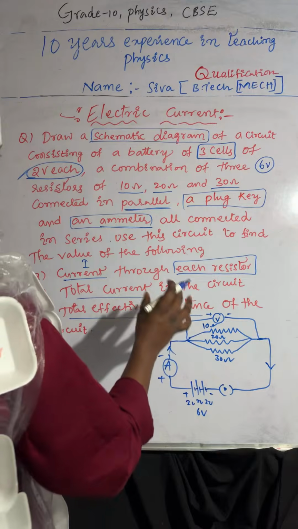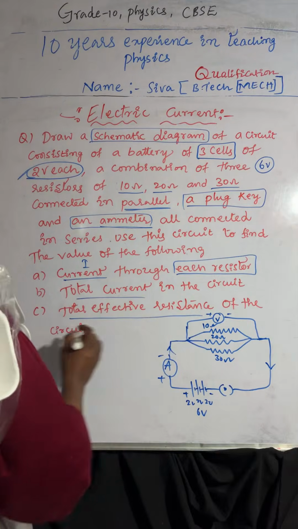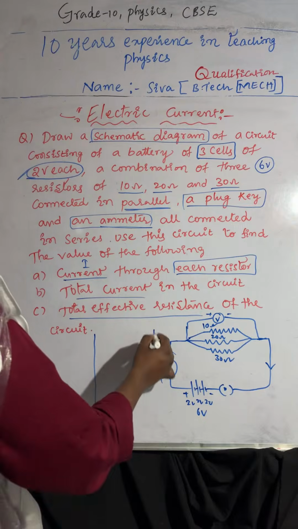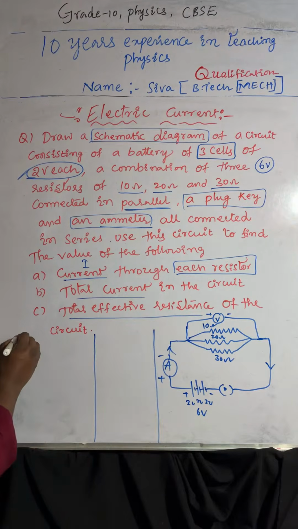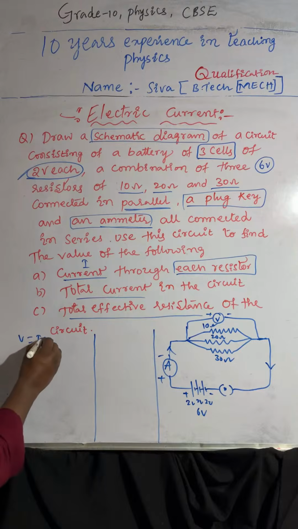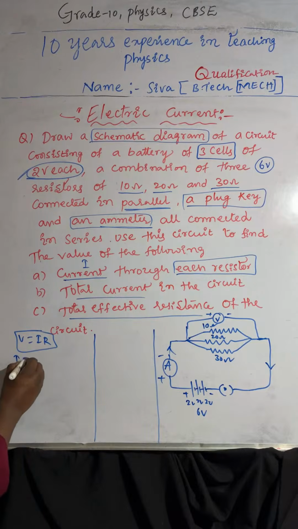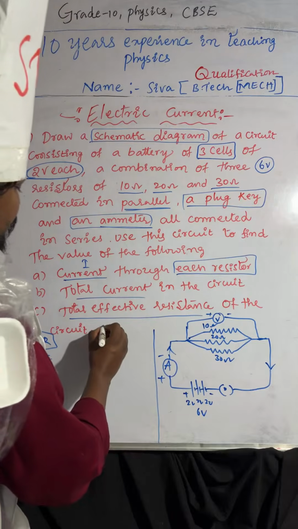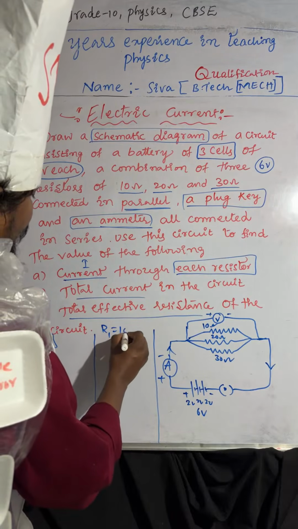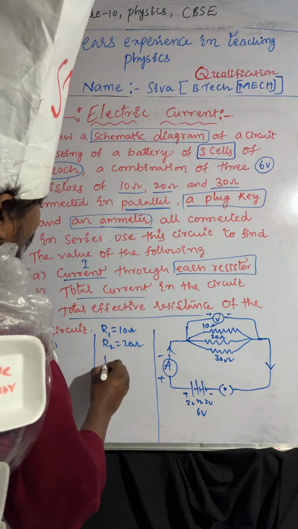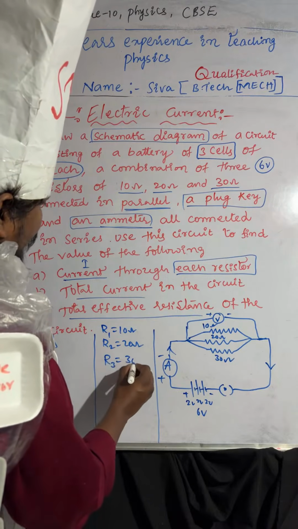Now we have to find the current through each resistor. So V equals IR. This is the main formula, V equals IR. So I1 equals V by R1. R1 equals 10 ohm, R2 equals 20 ohm, R3 equals 30 ohm.